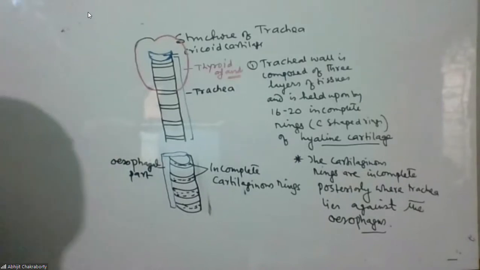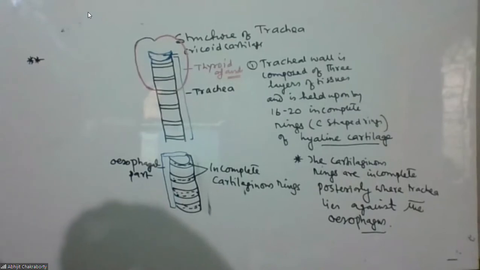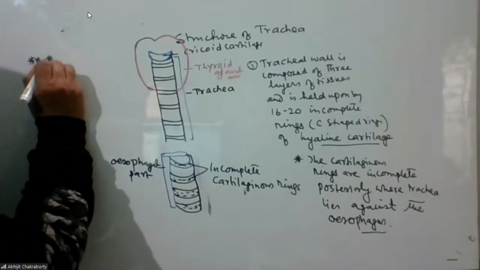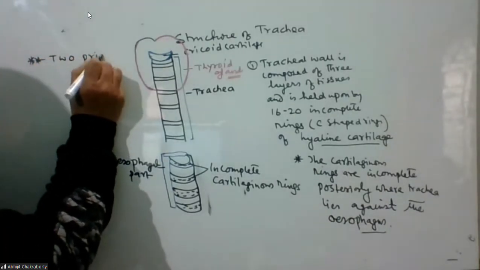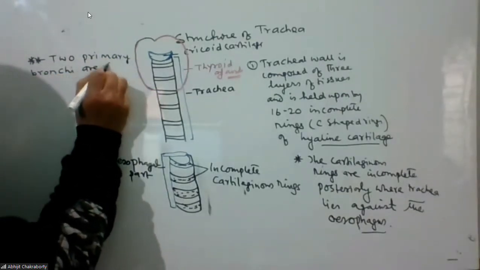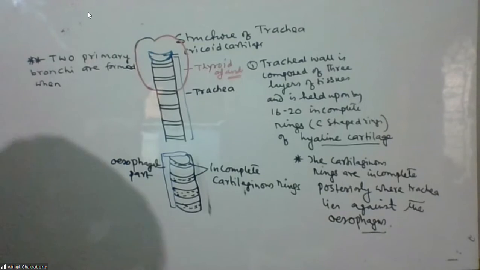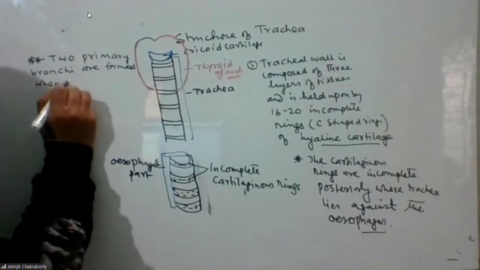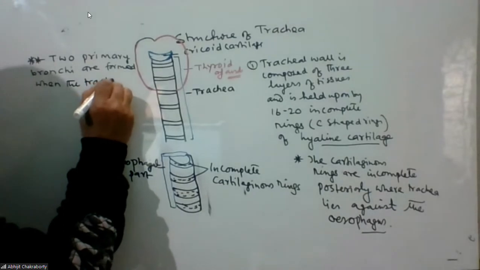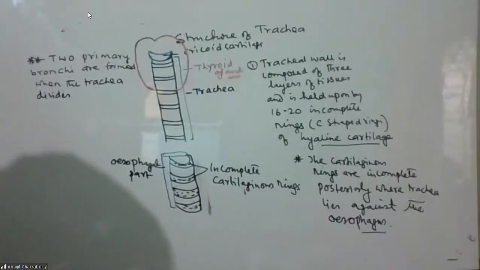Some information is required here, I am telling you. And the trachea divides at about the level of the fifth thoracic vertebra.